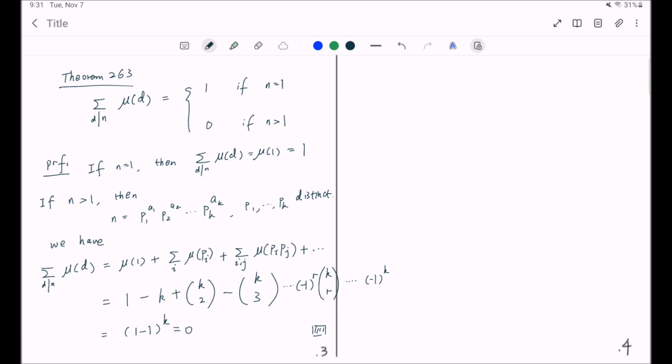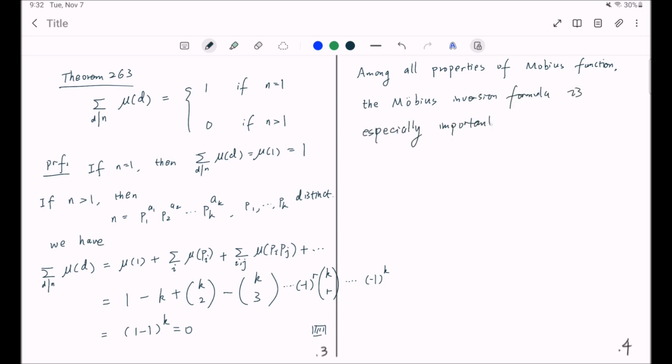Now, among all properties of the Mobius function, the Mobius inversion formula is especially important. The Mobius inversion formula states as follows. Let f and g be 2 functions from the set of integers to R. These are called arithmetic functions.